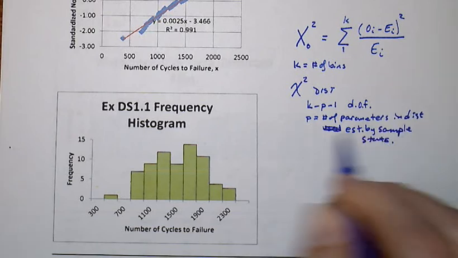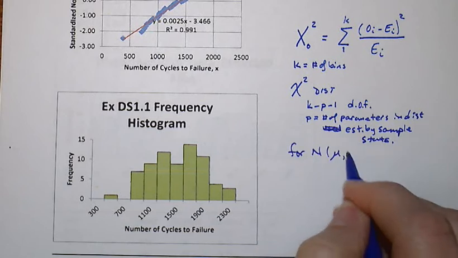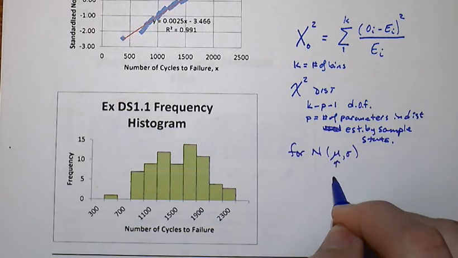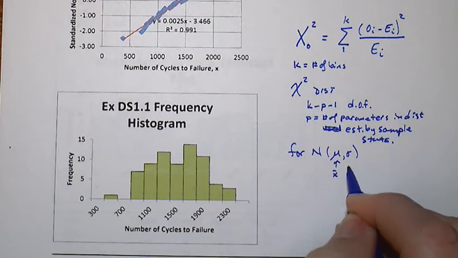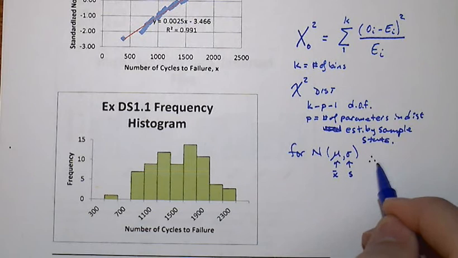So for the normal distribution, which of course has two parameters, mu and sigma, we'll estimate mu with x bar and we'll estimate sigma with s. That means p would equal 2 for the normal distribution.